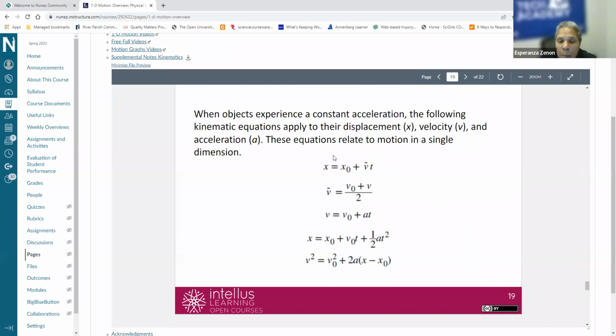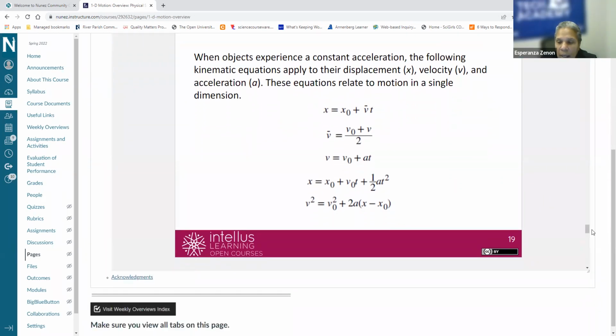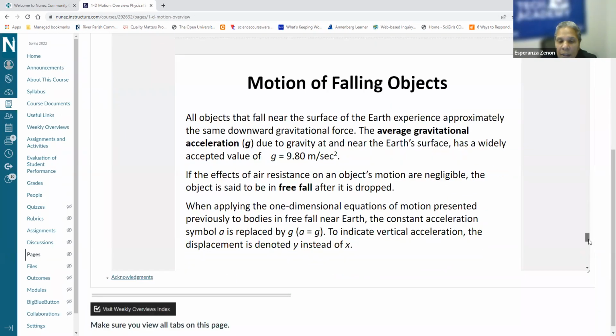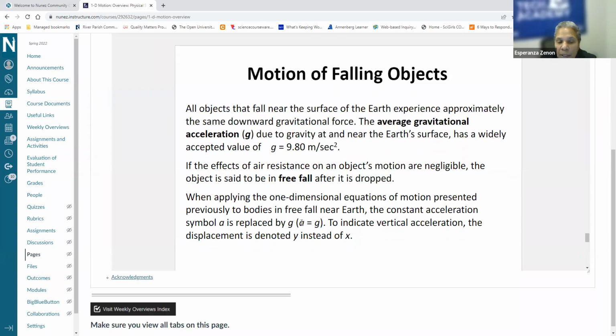all we do is come back to these equations. It's free falling, and we take a and replace it with minus g. I know in the notes here, it says put in a equals g, but they're just talking about the magnitude.